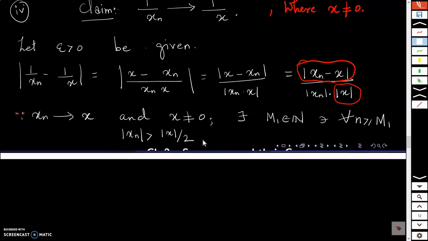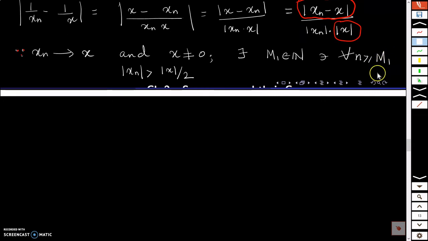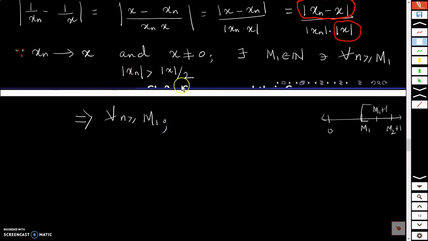So this tells me that after a certain stage, after the natural number m1, when you look at the numbers m1 plus 1, m1 plus 2, all these numbers, for these numbers this condition will work. That is, mod xn will be greater than mod x by 2. So this implies for all n bigger than or equal to this m1, I can cross multiply. So 2 will go in the numerator this side, mod x will come down. x is non-zero, so mod x is non-zero, so I can divide by mod x, no issues.